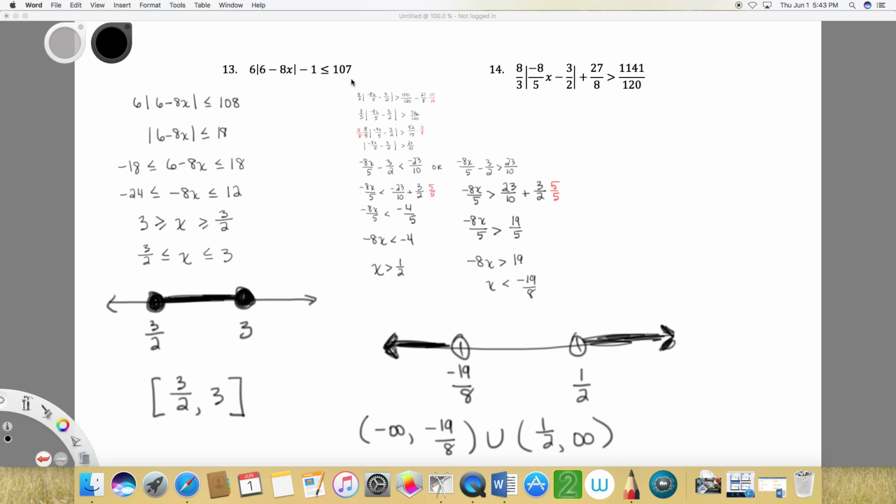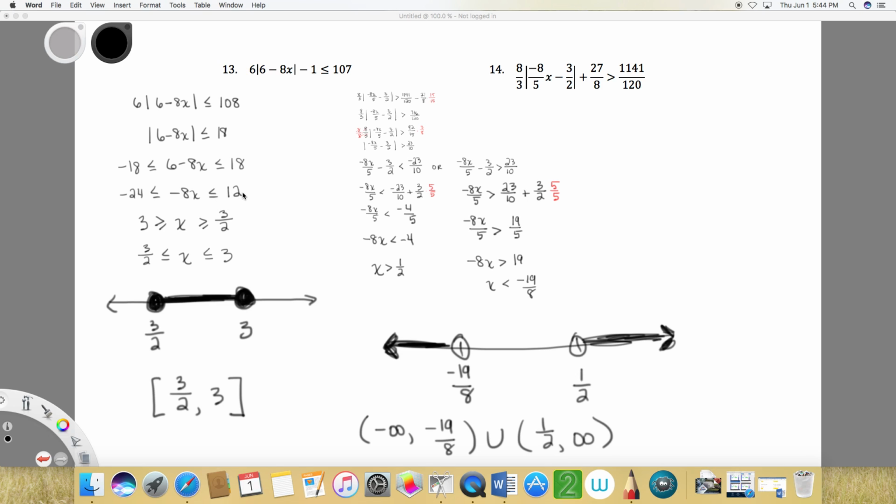Double check. When I add 1 to each side, I've got 108. When I divide by positive 6, 108 divided by positive 6 is 18. This becomes negative 18 less than or equal to this expression less than or equal to positive 18. If we subtract 6 everywhere, negative 24 and 12, that looks good. If I divide by a negative 8, and there it is.